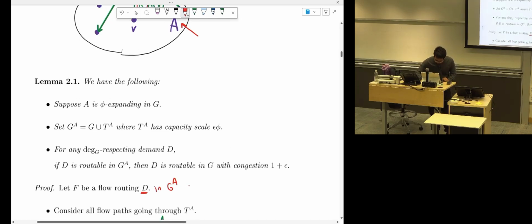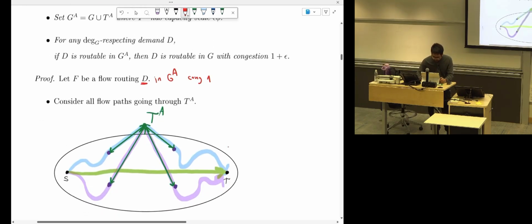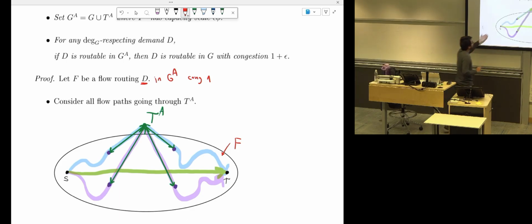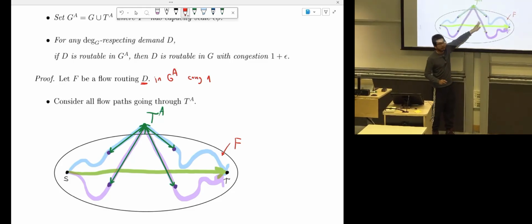Let's say that this is flow F. Some flow paths don't use the star edge. Some flow paths might go through the star. So what we need to do is just to forbid it from using the star.